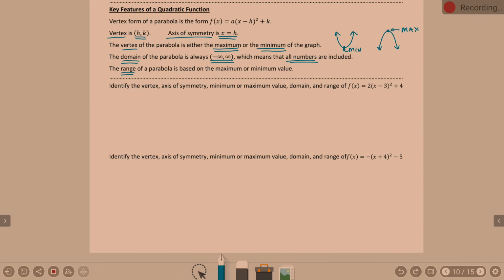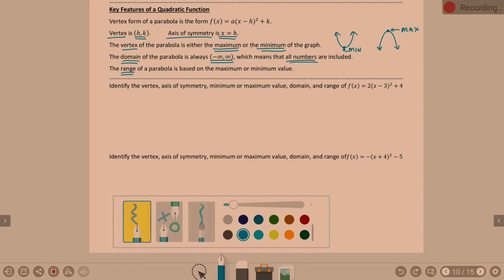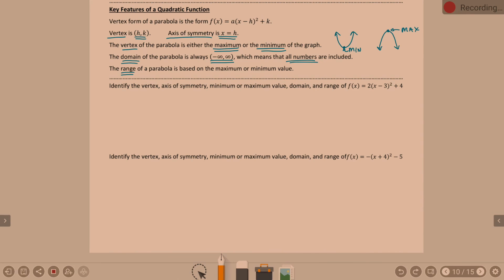Okay. So our job in this section is given just an equation, not a graph, being able to identify the vertex, axis of symmetry, min or max value, domain, and range. So it's a 5-part question. Now, this is all going to be based on the form f of x equals a times x minus h squared plus k.